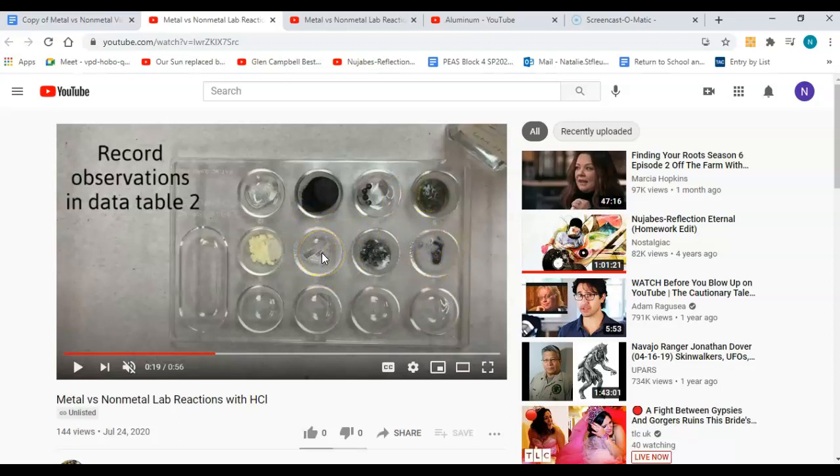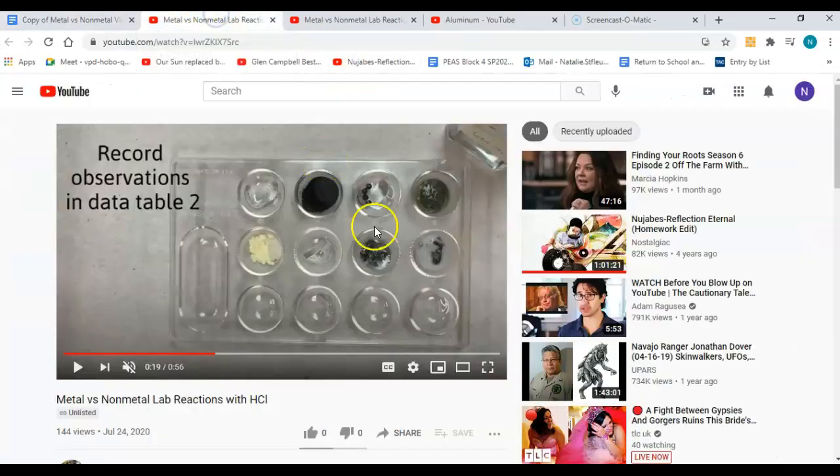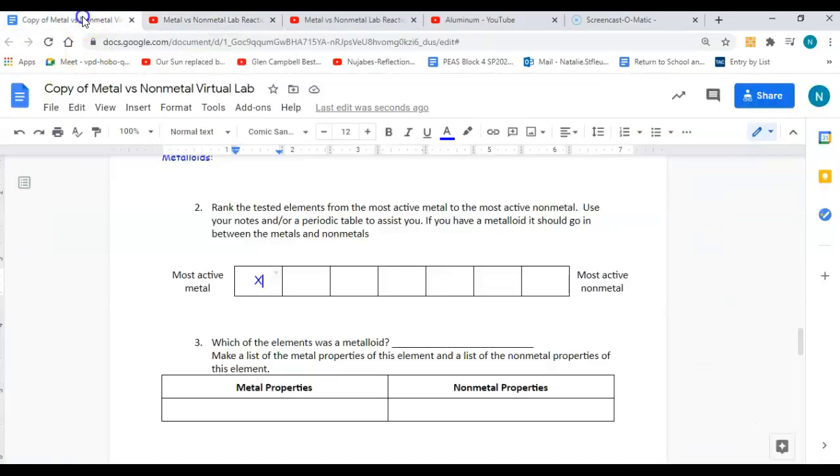Well, you also need to consider if it's a metal or non-metal. So if this is a metal and it's the most reactive, you're going to put it here. Let's say I'm going to call that first one X. You're going to put that one there because it's the most reactive metal. Whereas this one, let's say this is the most reactive non-metal, I'm going to call that Y, you would put that one here. And then you would kind of go into the middle.